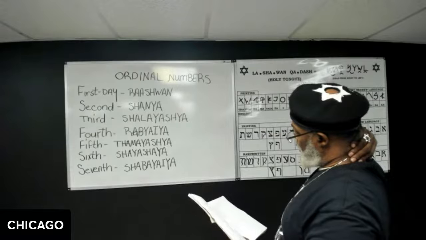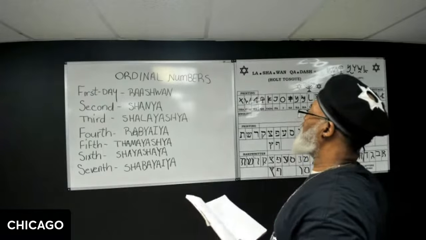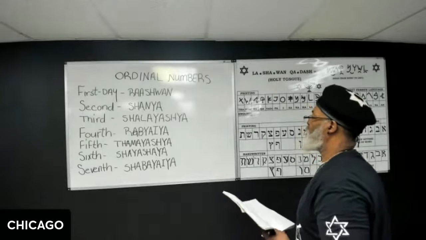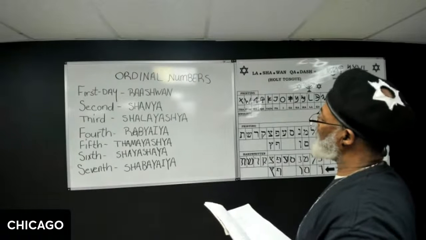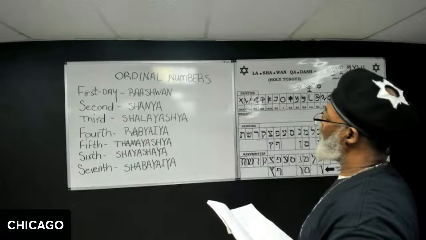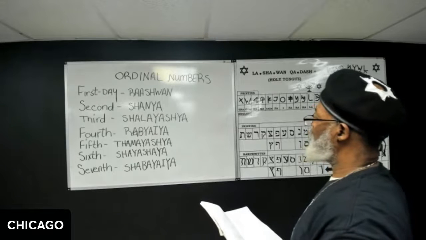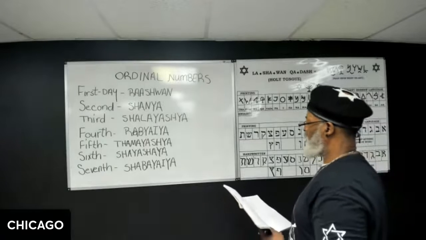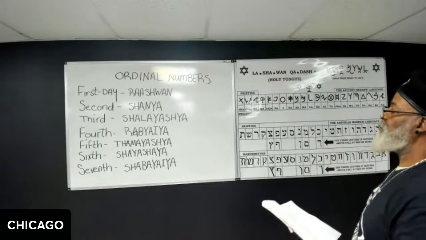Rishon, sheni, shlishi, revi'i, in the Hebrew. The first day through the seventh day.